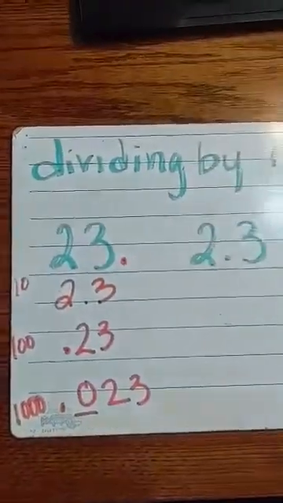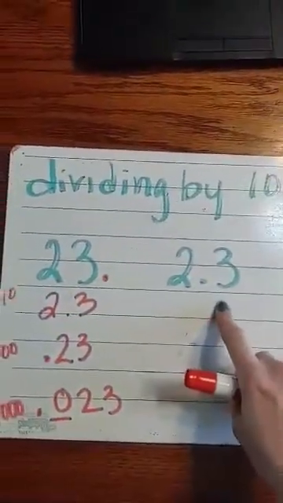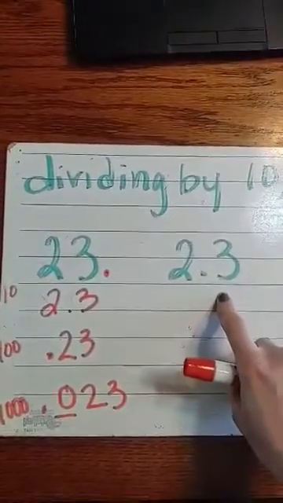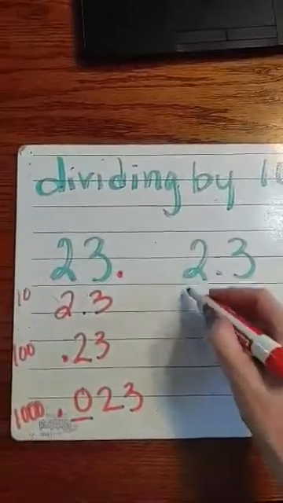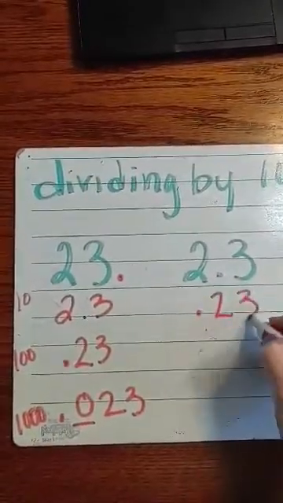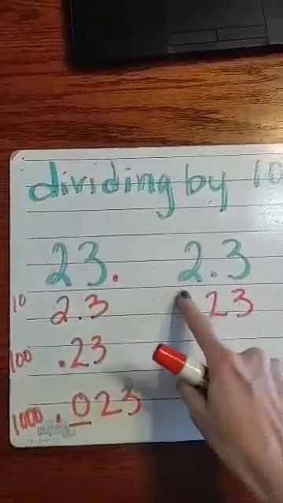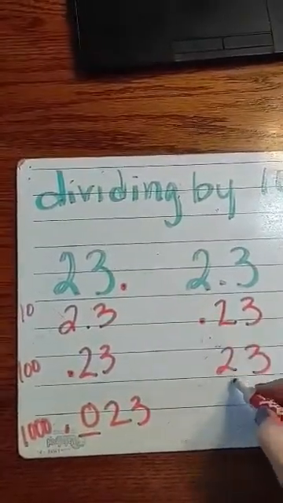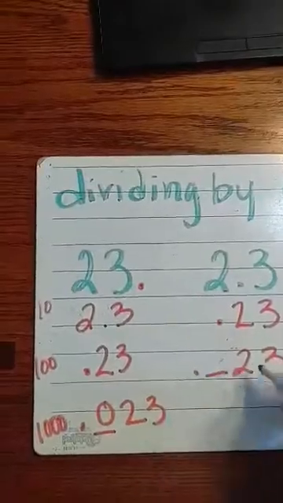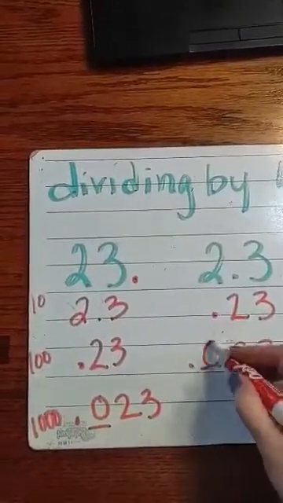Okay? All right, now I have 2.3. So I'm dividing. Got to get a smaller number. So I know I'm going to move to the left. 1 zero, I move 1 place. 2 zeros, I move 2 places. So I had this number, here I was, 1, 2. What do I fill in? That's right.